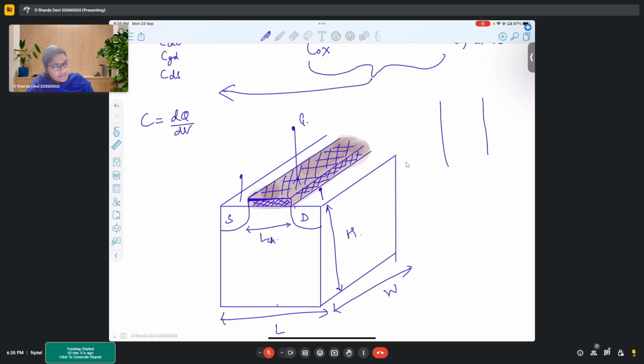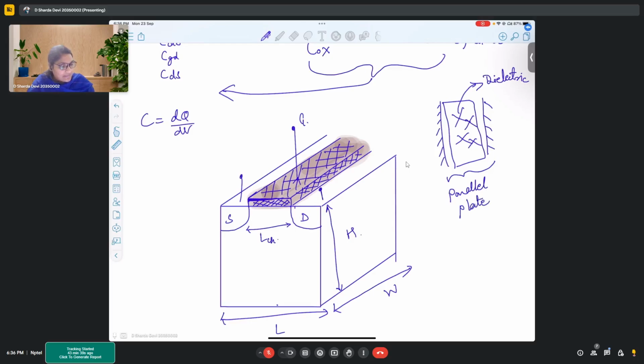This particular region is like this is metal, this is metal, and in between you have this insulator or dielectric material. So this is a parallel plate capacitor, right? So your oxide capacitance is actually the parallel plate capacitance that comes because of this effect of metal oxide metal. So from there we directly write our gate capacitance.